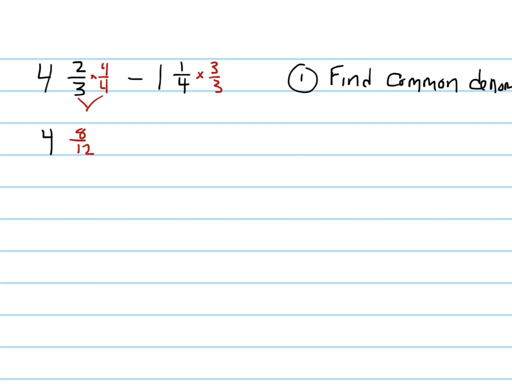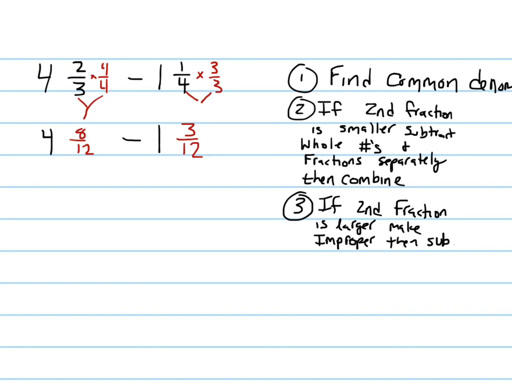I'm going to write that in red so you guys can see the new fraction. And then the other one is minus 1, and I'll write the fraction in red. So this becomes 3 times 1 is 3, 3/12. So now, here are the rules.